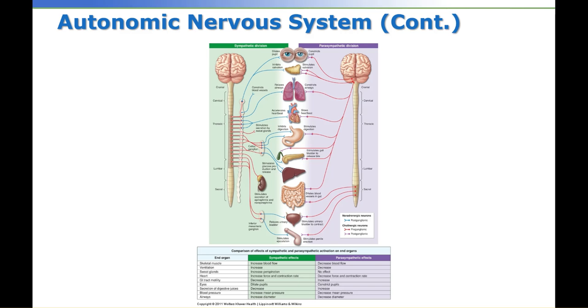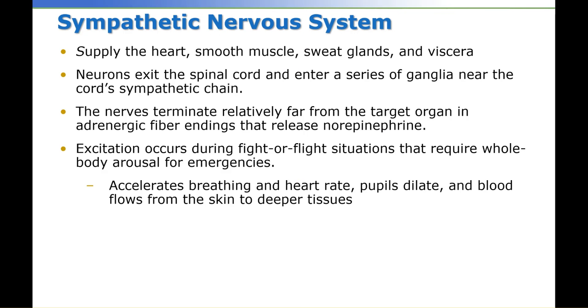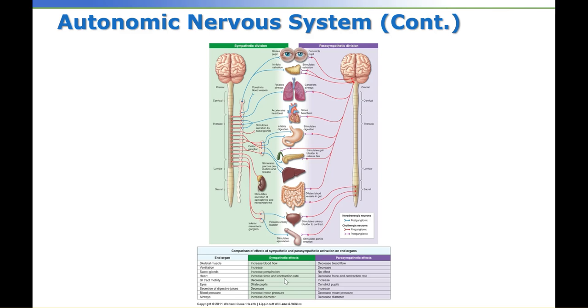The eyes are dilated with sympathetic, constricted with the parasympathetic. Blood pressure increases with sympathetic, decreases with parasympathetic. And airways have increased diameter with sympathetic and decreased diameter with parasympathetic effects.